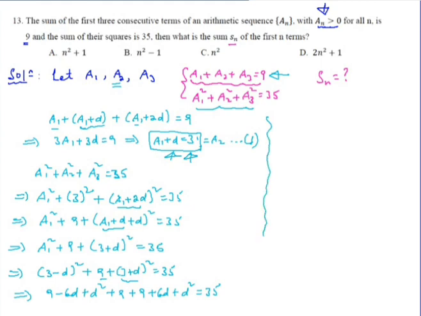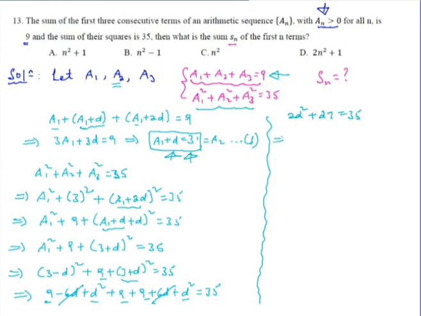Collecting like terms, D square plus D square becomes 2D square. Minus 6D plus positive 6D is eliminated. 9 plus 9 plus 9 is 27, equal to 35.